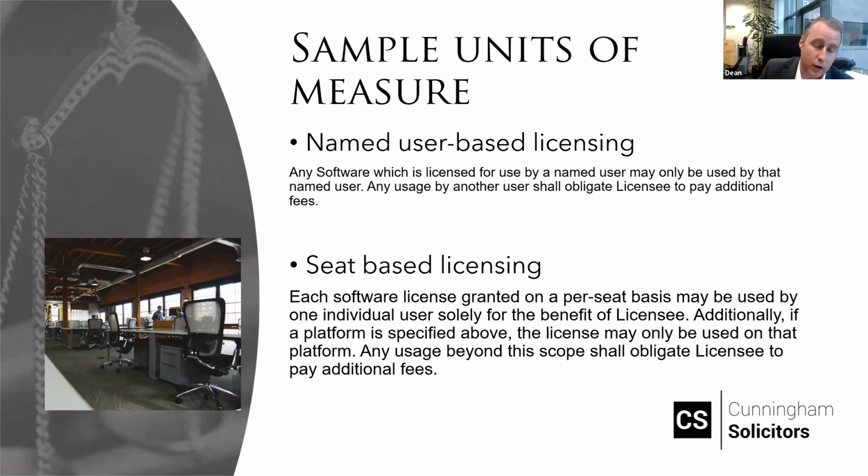So if you want to read up a little bit more about it, a famous case is Diageo, the drinks distributor, versus SAP. And if you just Google that, you'll get loads of information about it. It's particularly interesting in this context to see how, I think it was about £50 million the issue was resolved for, but how that case turned on the interpretation of quite a limited number of UOMs.